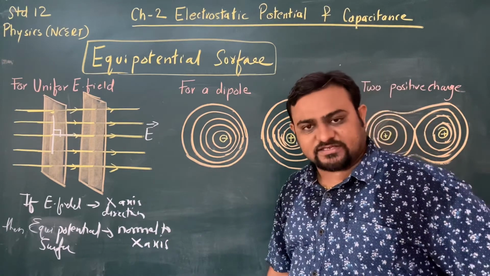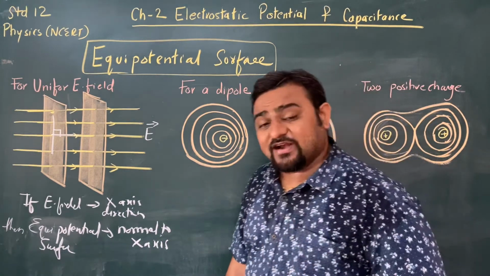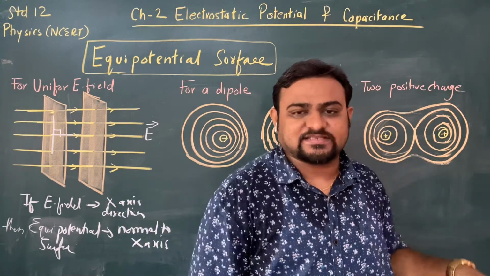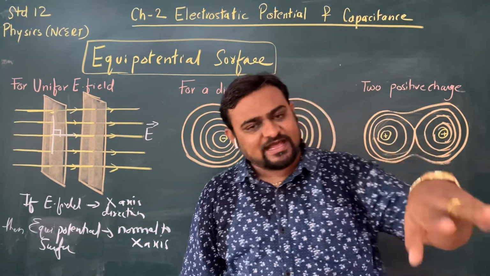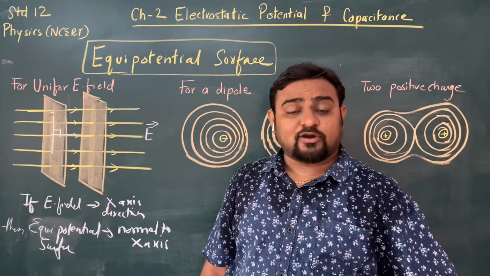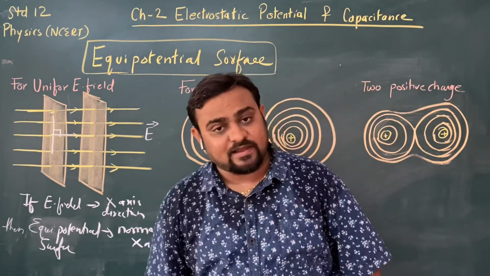to the x-axis. If the electric field is in the y direction, then it will be normal to the y-axis, means the xz plane. If it is in the z direction, then the equipotential surface will be normal to the z-axis, that means the xy plane.